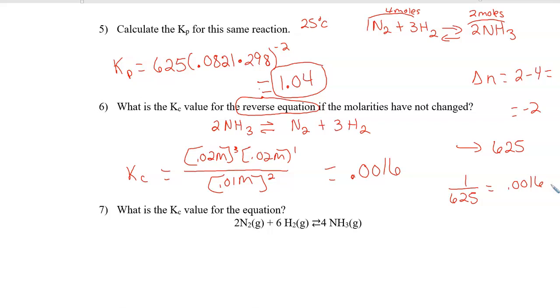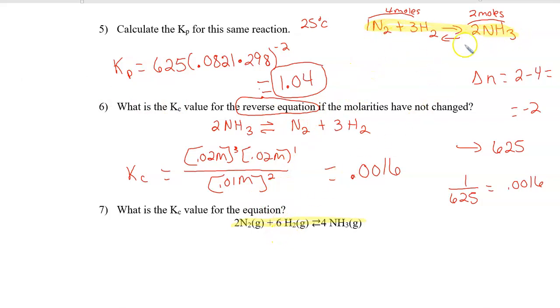Alright, so now let's look at our original equation. There's our original equation up there. And look at the equation they're wanting me to find now. Here's the equation they're wanting me to find now. So they want me to find the Kc for this equation.